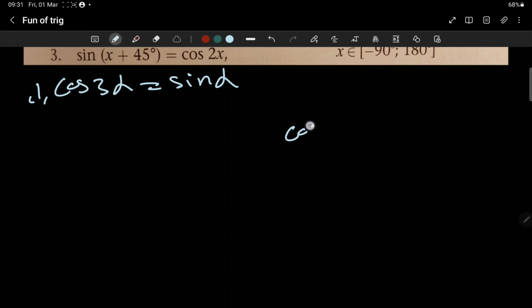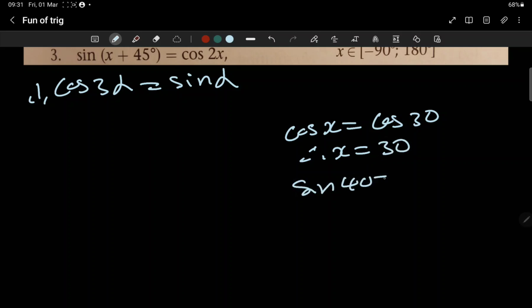If we have cos x equals cos 30, to solve for x, you need to say therefore x equals 30. If you have sine 40 equals sine x, to solve for x, you need just to say 40 equals x. You're not dividing both sides by cos, no. Just say therefore x equals 30. Therefore you can conclude 40 equals x.